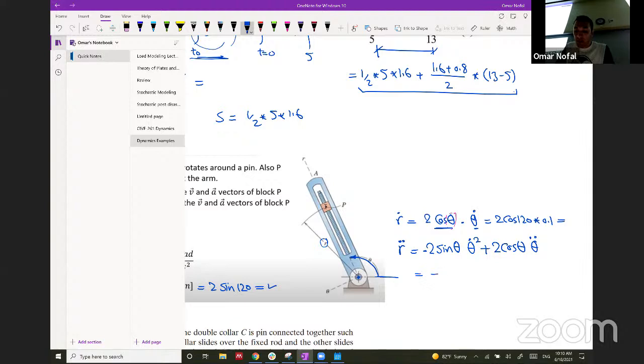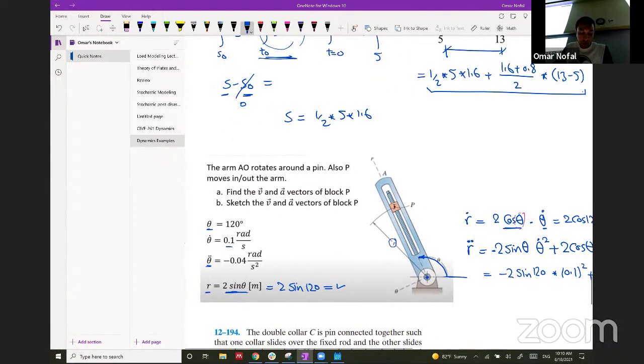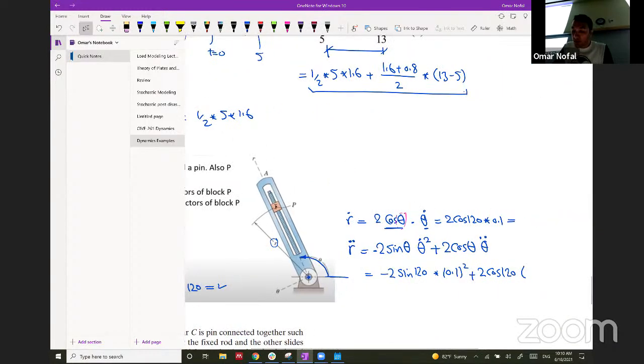Similarly here, negative 2 sine 120 multiplied by 0.1 squared plus 2 cosine 120 multiplied by theta double dot, which is negative 0.04, and we get this value.